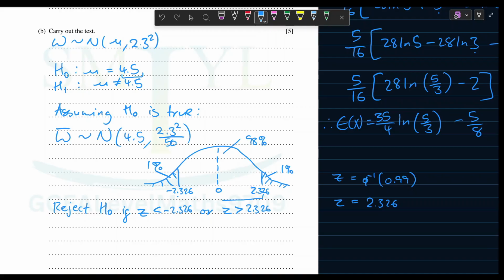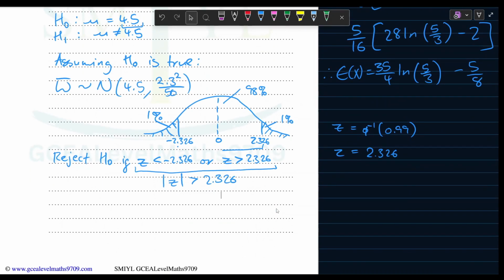If you're comfortable with modulus, you can write this expression as simply the modulus of z is greater than 2.326. If you're not, then don't worry about it. Ignore this modulus thing. All right, so now we need to calculate what z actually is.